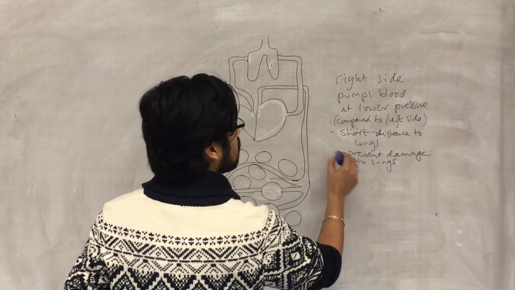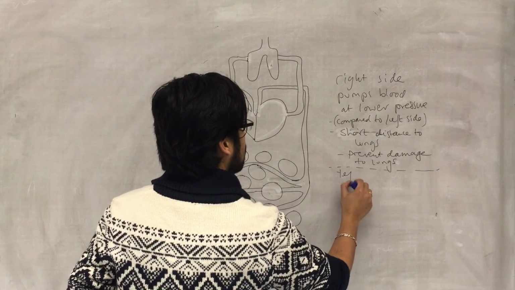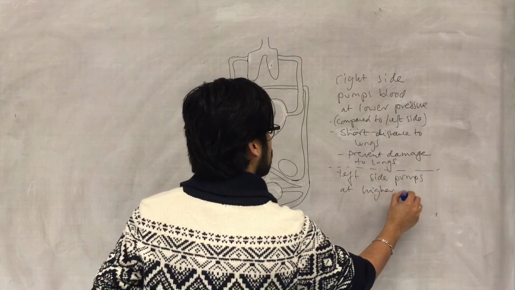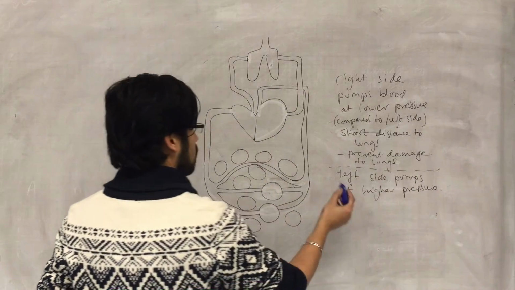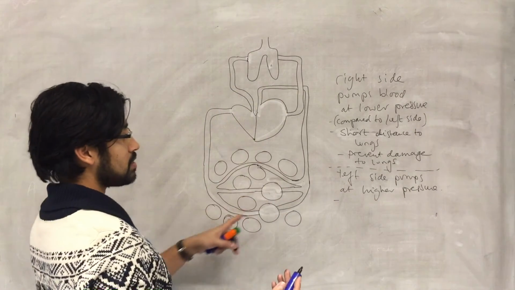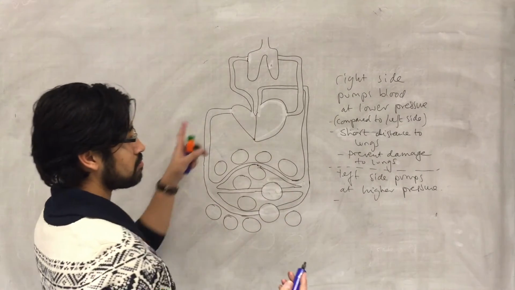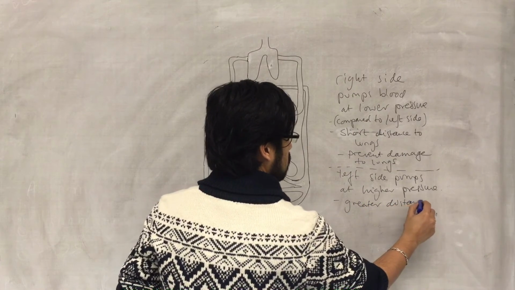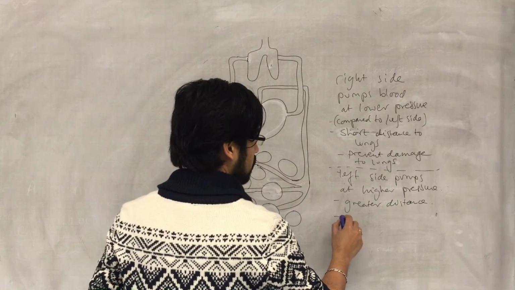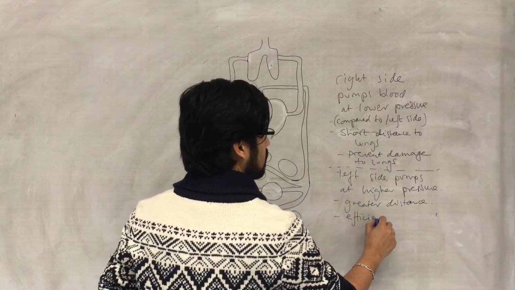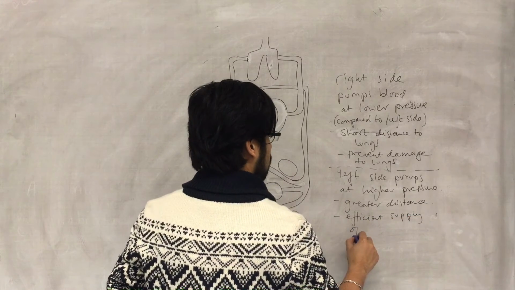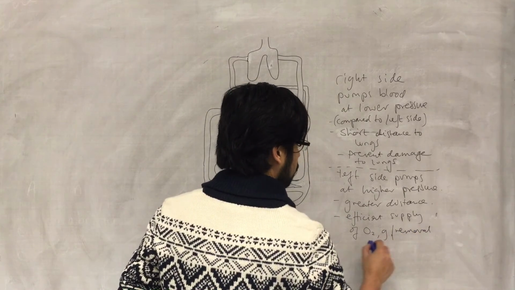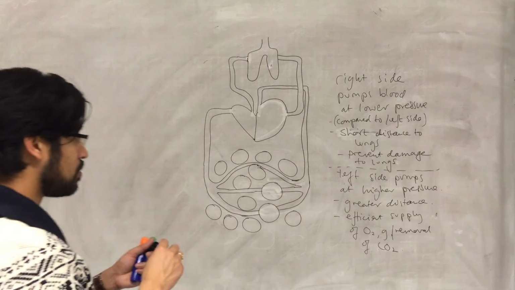Okay, so, left side pumps at higher pressure, mainly because it has to pump a much greater distance, okay, so to overcome the resistance from all the blood vessels, okay, so greater distance, but also to maintain the efficient supply of oxygen, glucose, and removal of wastes such as carbon dioxide.